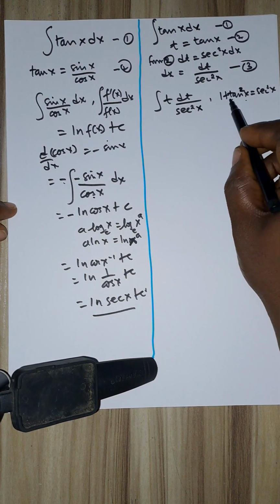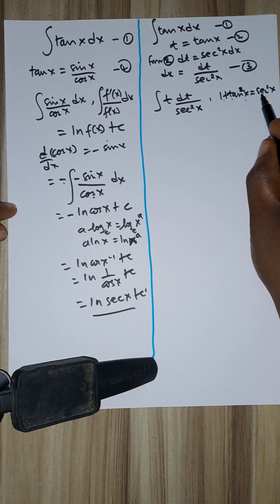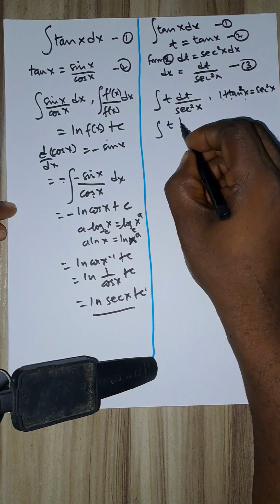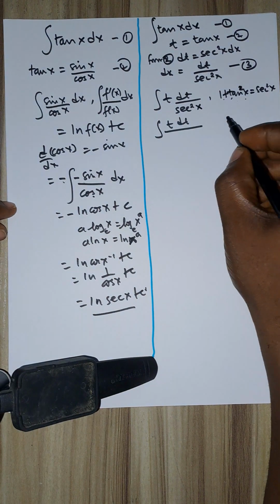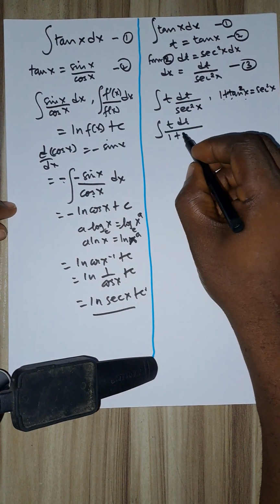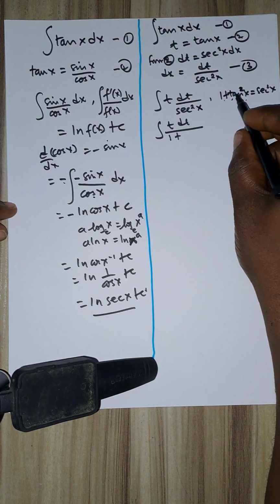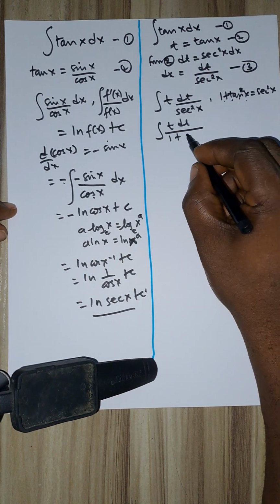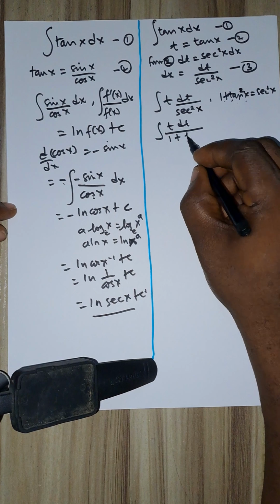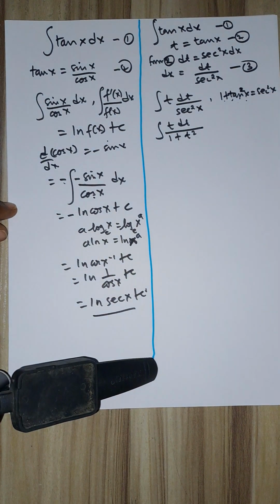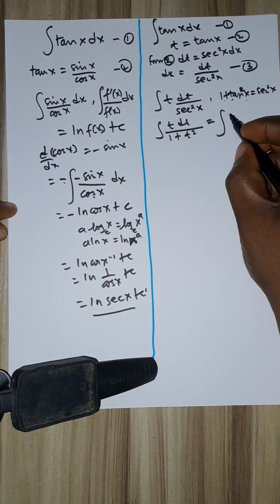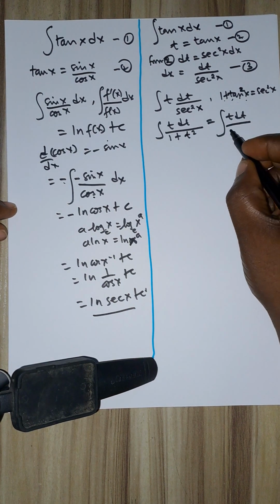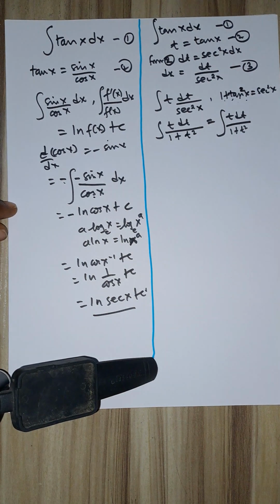It is a trig identity. So we can replace sec squared x with 1 plus tan squared x. That will give us t dt all over 1 plus, because tan is t, 1 plus t squared. See that? So we now have the integral of t dt all over 1 plus t squared.